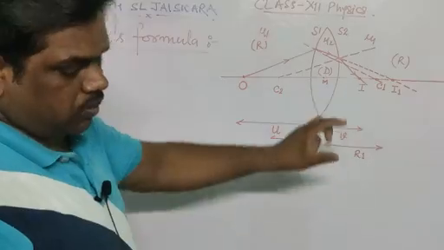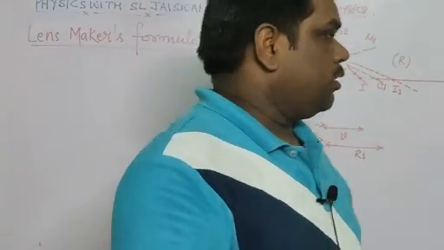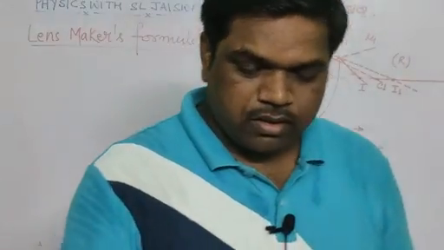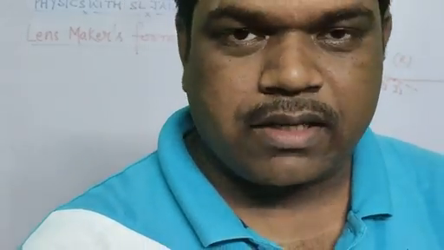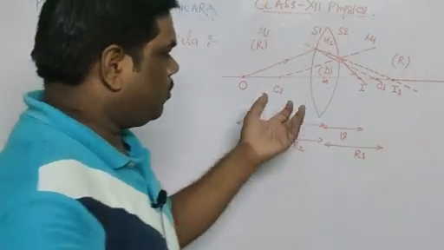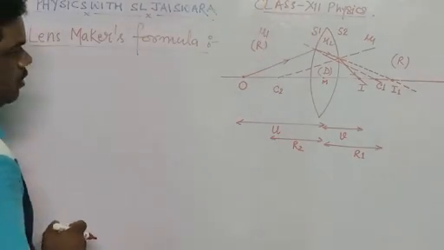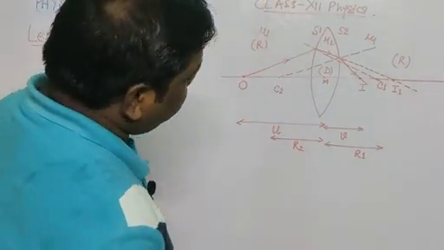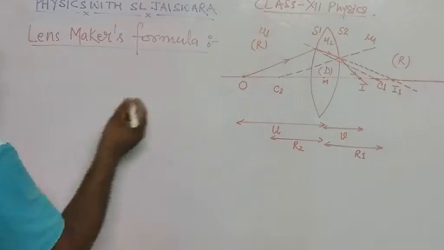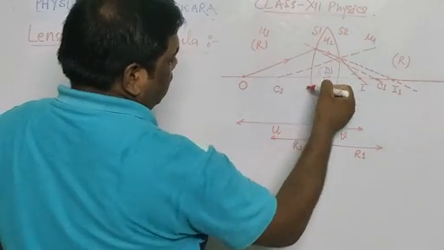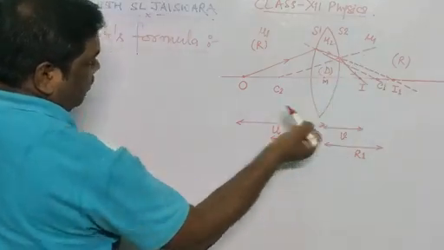So let us go through the ray diagram and try to make the ray diagram related to the Lensmaker formula and practice it. Then you will be able to draw it very simply, very easily. Okay. So let us see, this is the first surface. This is surface 2.